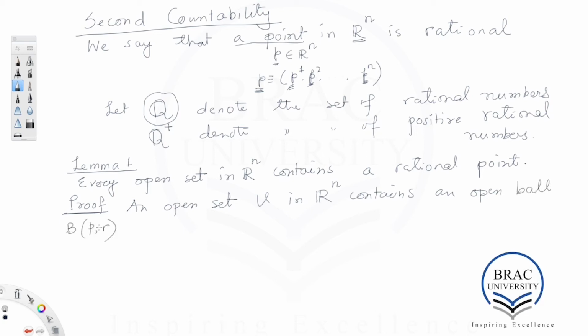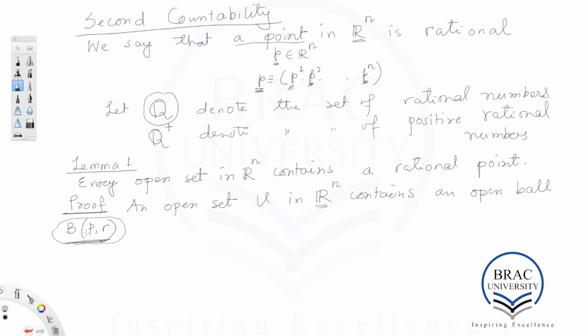Why? Because we have already discussed that the collection of all open balls is a basis for the standard topology on Rn. Therefore, if we choose an open set U in Rn and P is a point in U, then B(P, r) is contained in U. We can find such an open ball, of course.